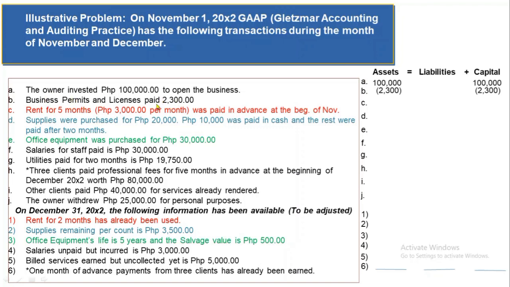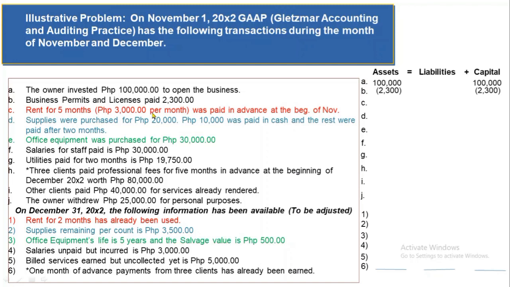While on letter C, the rent for 5 months, which is 3,000 per month, so all in all, we have to consider 15,000, was paid in advance at the beginning of November. This is a deferred expense because it is an advance payment where we did not consume the benefit yet. So here, the cash will be decreased by 15,000.